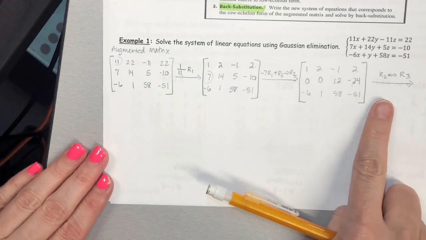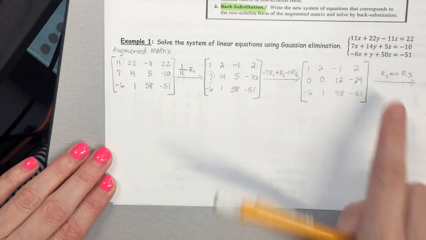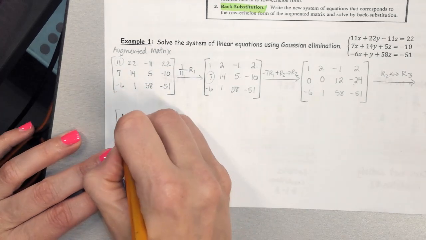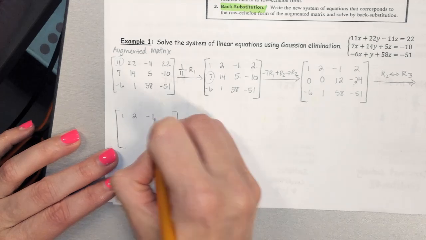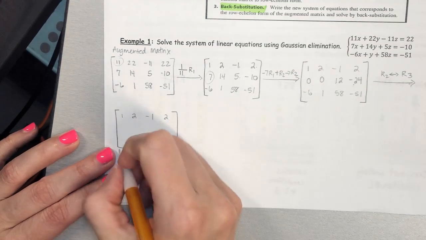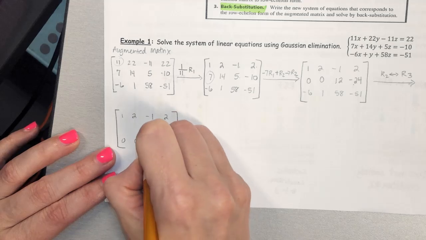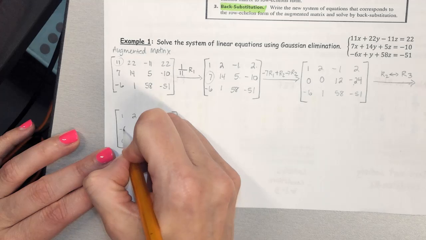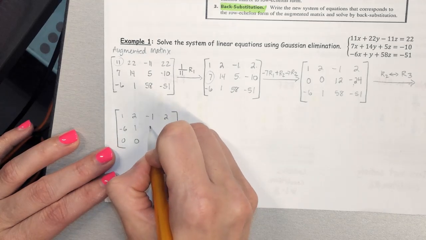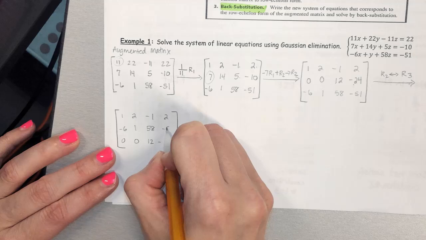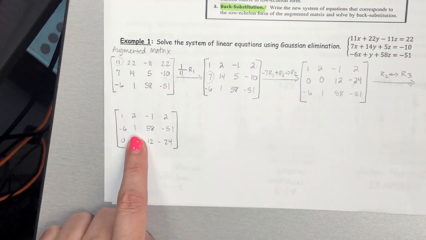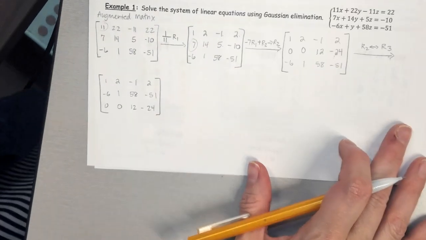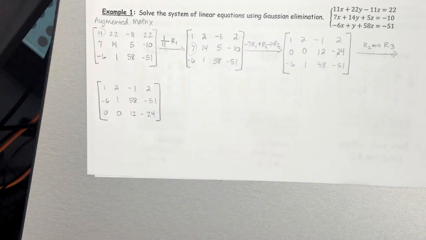And it's okay that we ran out of room here. You still need to do this part, but then you can put this new matrix here. And this is not always going to happen, but because you have the 0, 0, 12, negative 24, and here you have the negative 6, 1, 58, negative 51, do you see how you also have a leading 1 here? So this is just going to be less work for you, okay? You don't have to do it like that.